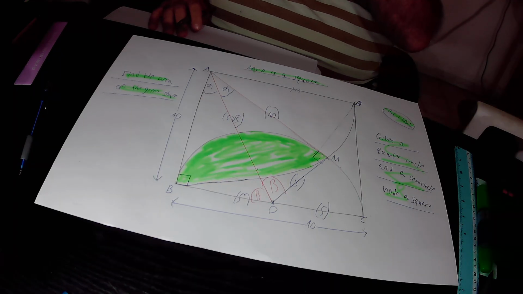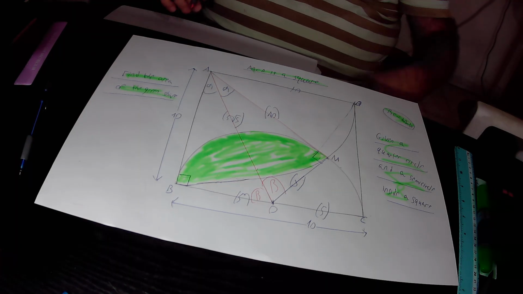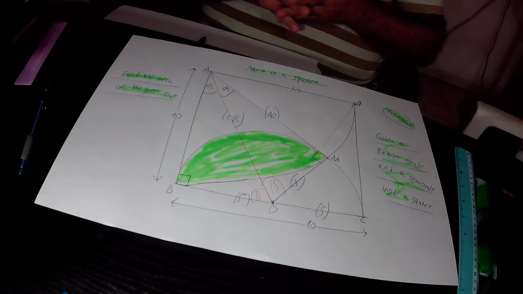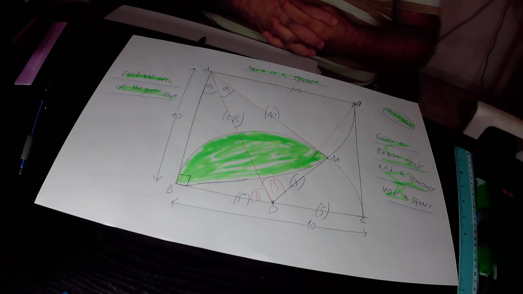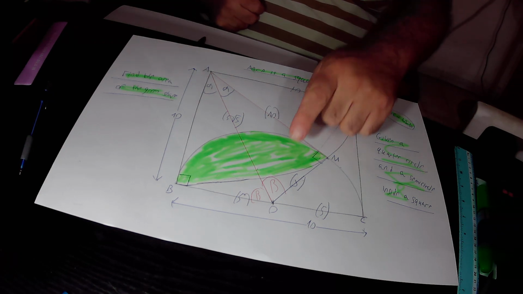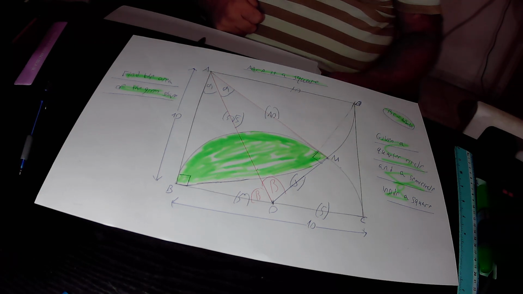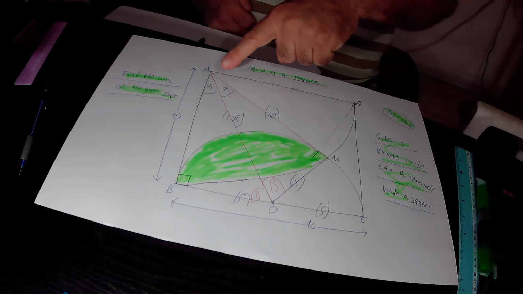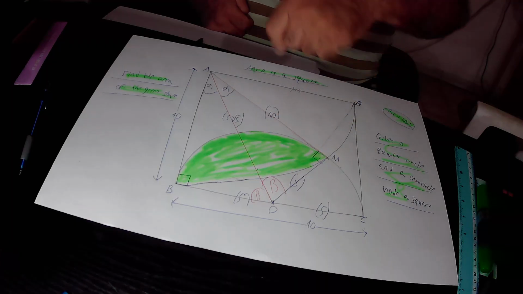So our task is to find the area of this green shape, but first of all we have to find the size of angle alpha and also the size of angle beta. So we focus on the right triangle ABO.